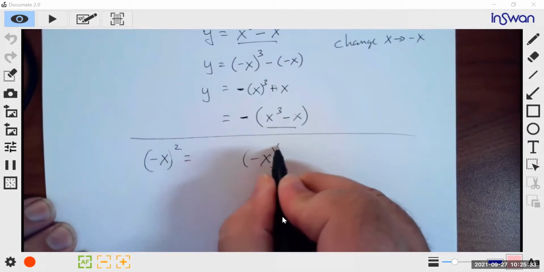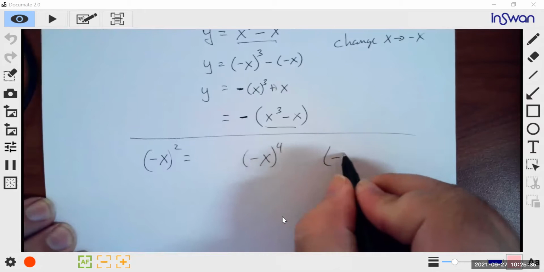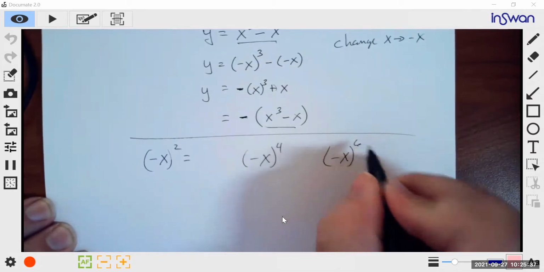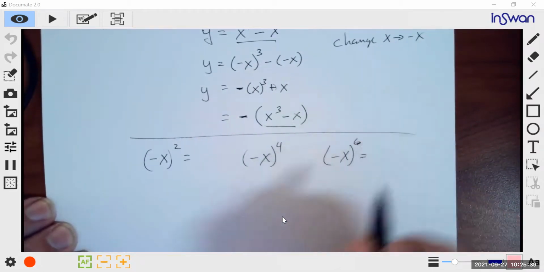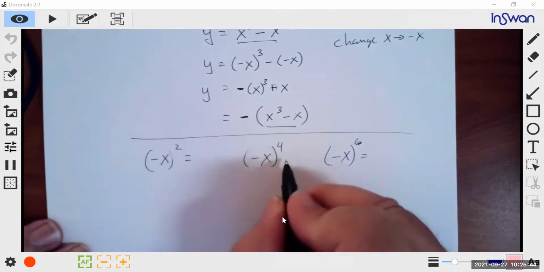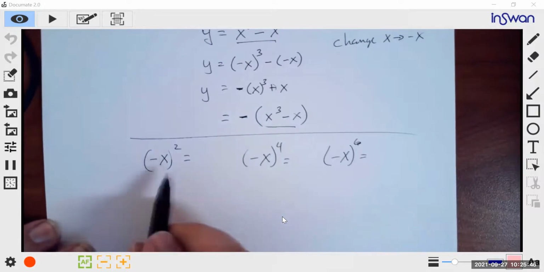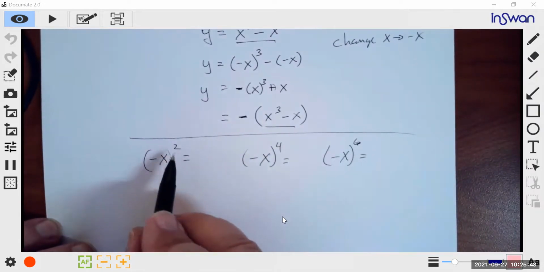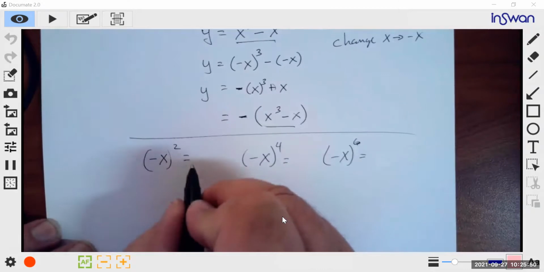So if I have negative x squared, negative x to the fourth, or negative x to the sixth, let's say I have those three functions. What is negative x squared? What does that come out to be? Positive, so this is x squared.